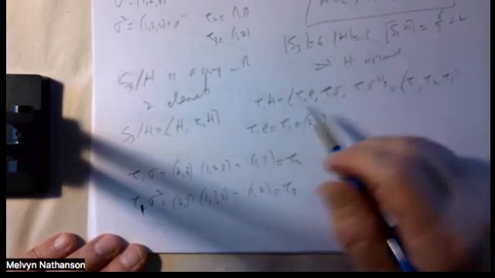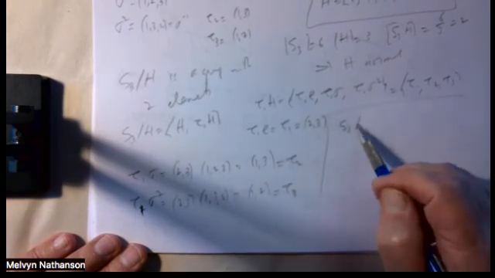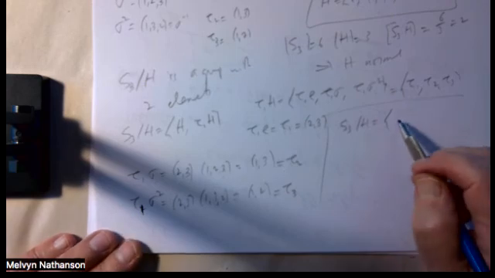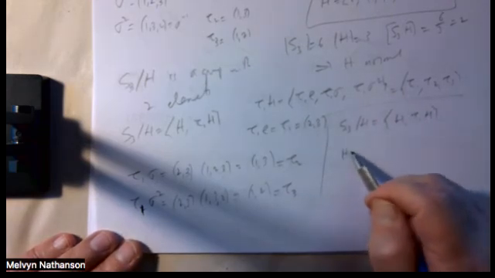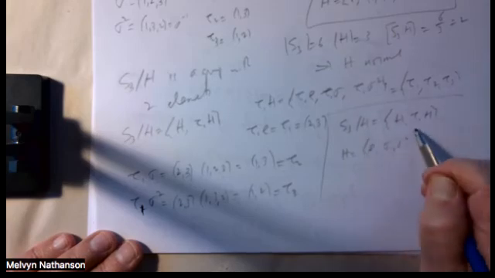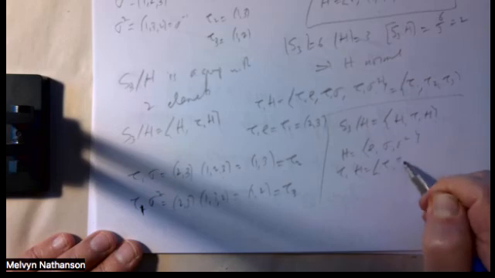So this is the second element in S3 mod H. So S3 mod H consists of two elements, H and tau 1H. H is E, sigma and sigma squared. Tau 1H is tau 1, tau 2, tau 3.